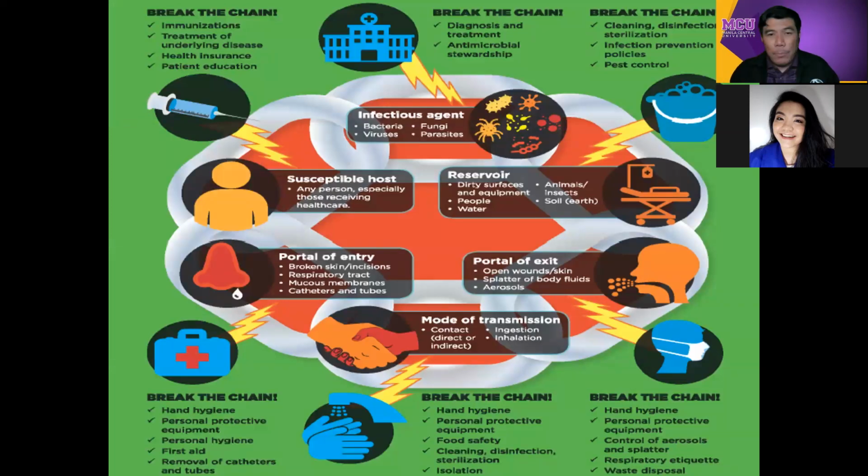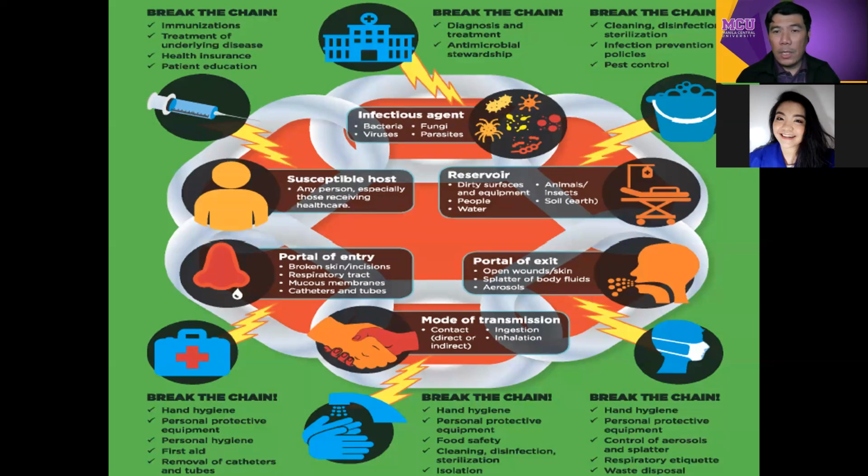So let's have an example of the chain of infection. For example, we have rabies. The rhabdovirus is the virus identified with rabies. So the infectious agent is rhabdovirus.